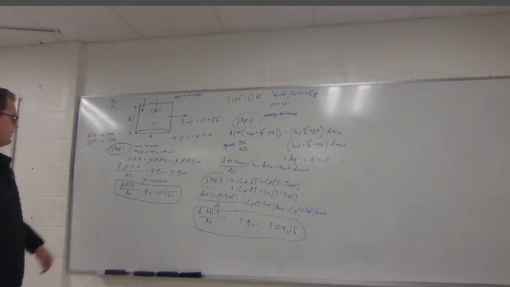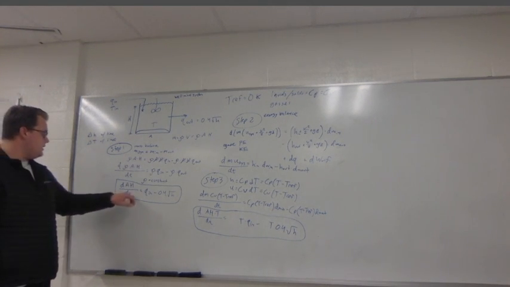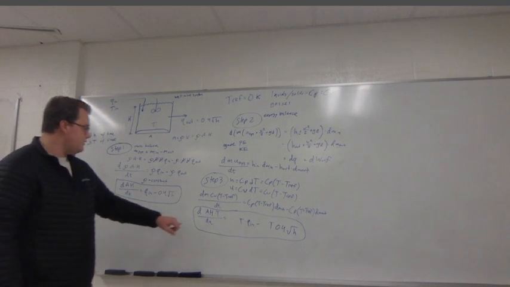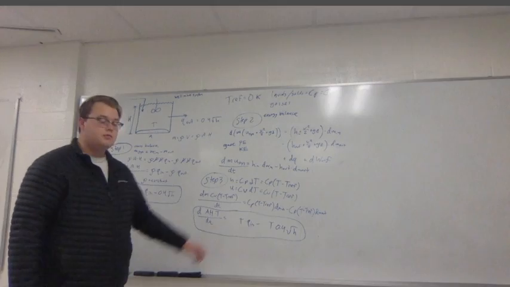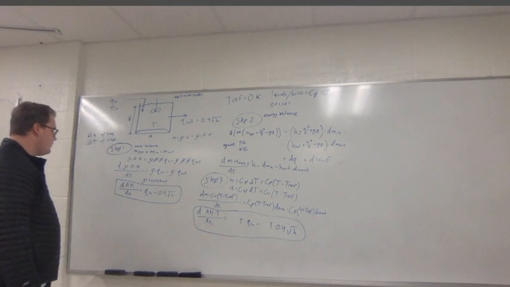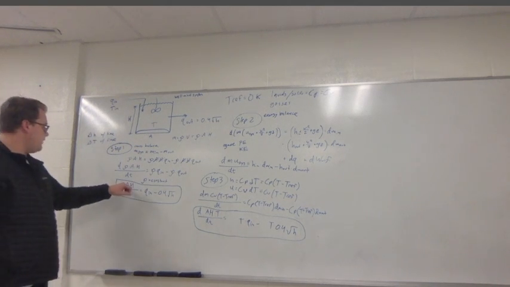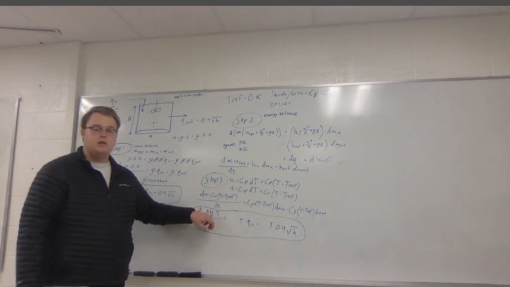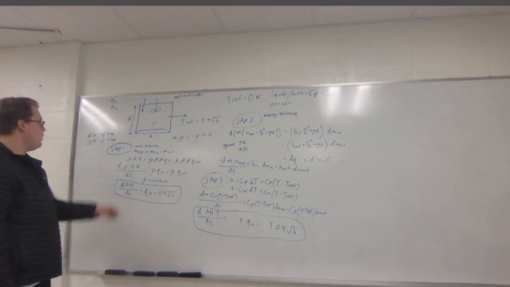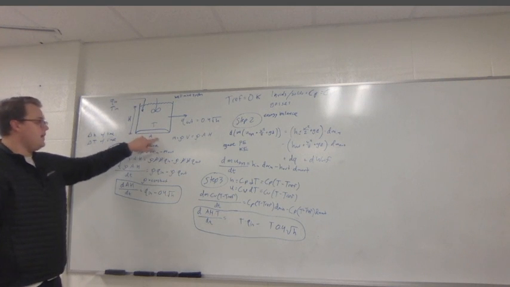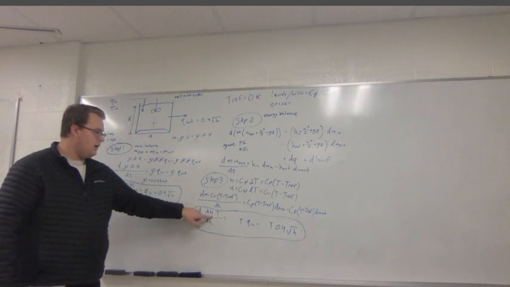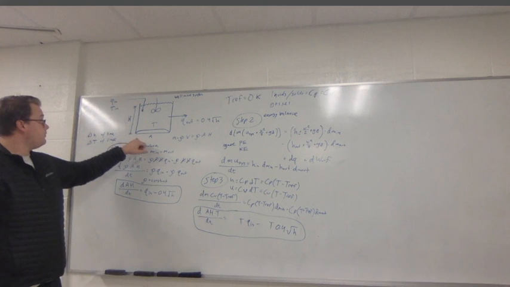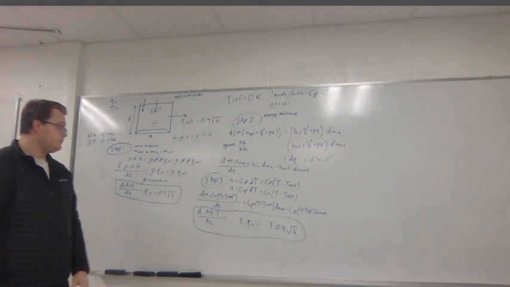What I really want is just to get dh/dt by itself and dT/dt by itself. So I want to get rid of the area here, and I want to get rid of area and height here. I know that cross-sectional area is constant, but height is variable throughout the time of the reaction.